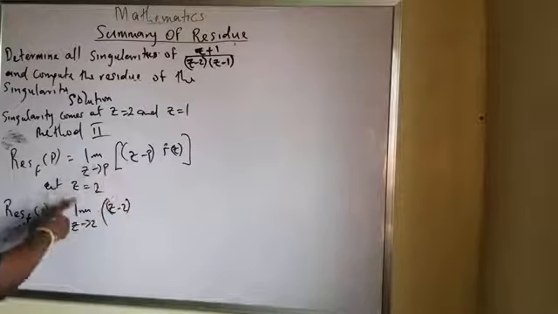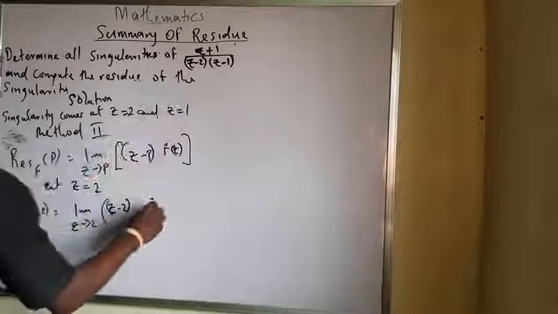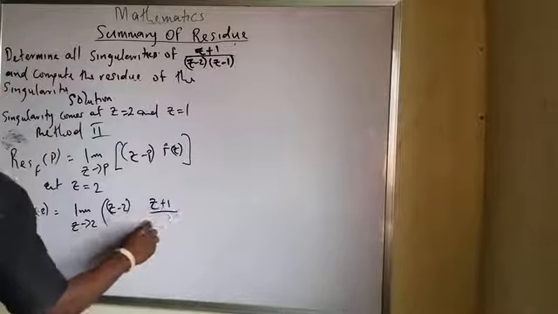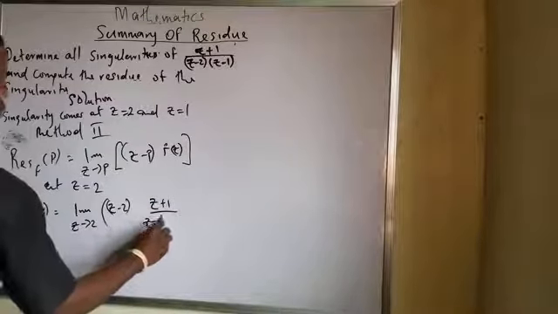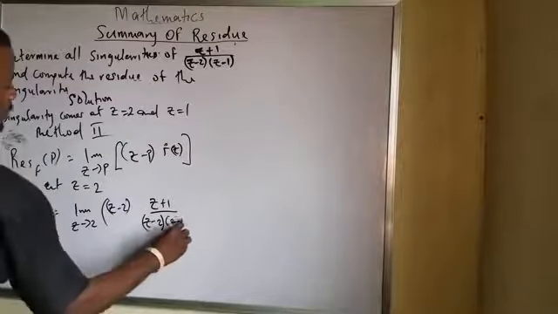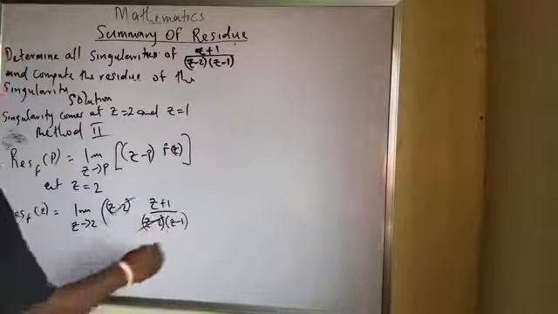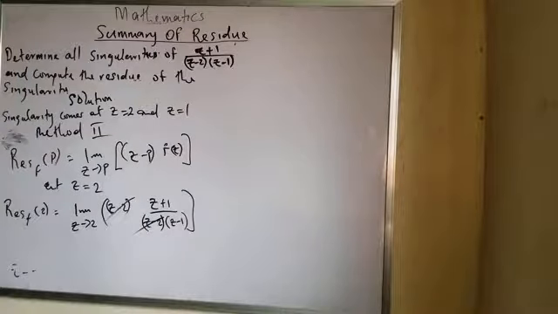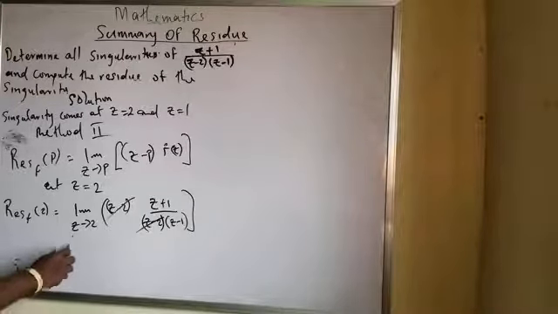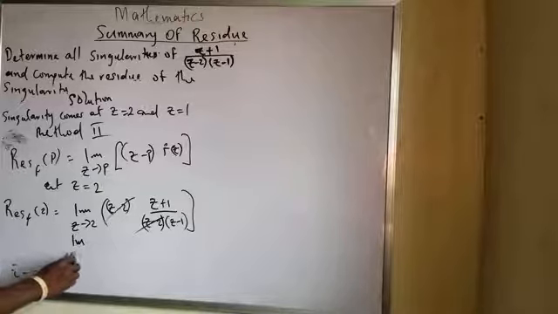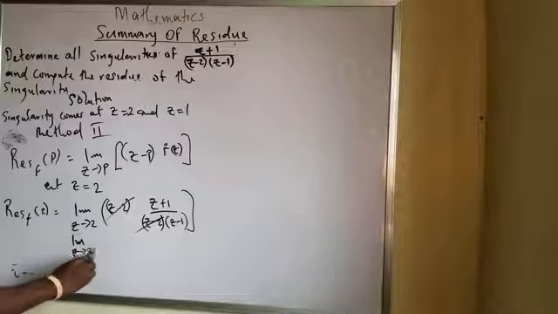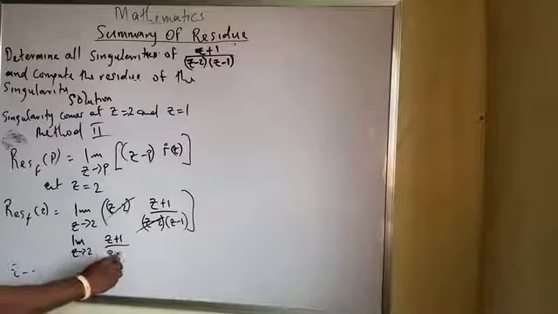My f of z is (z + 1) divided by (z - 2)(z - 1). Now this will cancel this. So I'll be having the limit of z to 2 of (z + 1) divided by (z - 1).